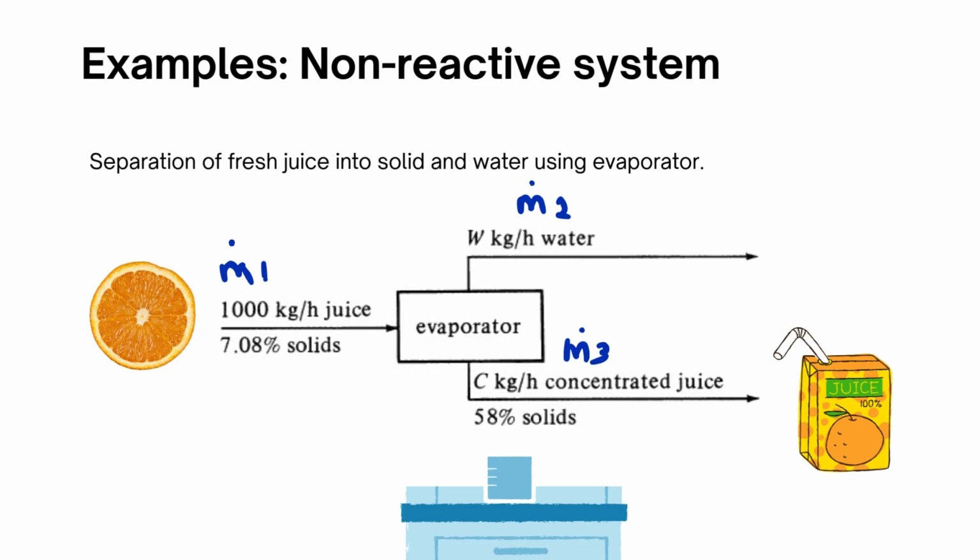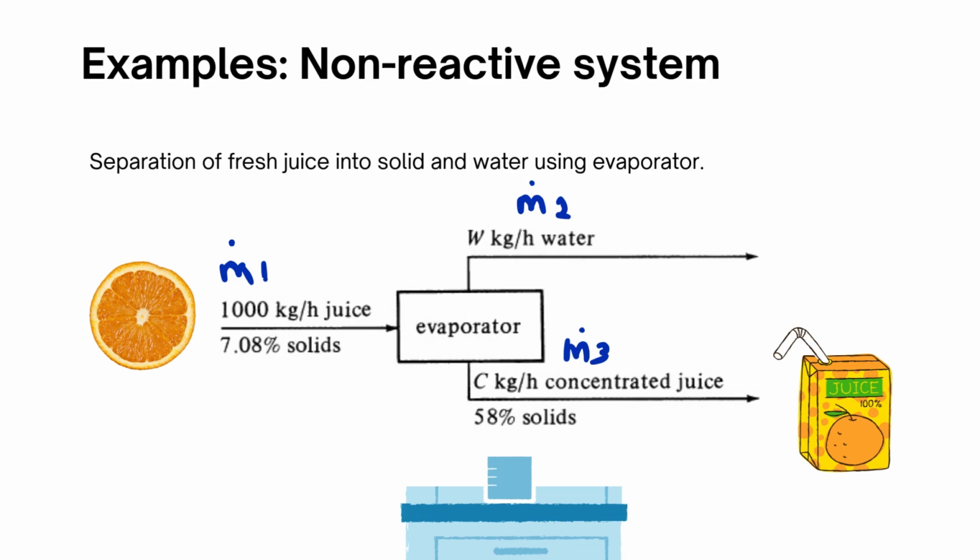Through the evaporator process, we separate water, which is M2 stream, which only contains water. There's no solid in M2 stream. And lastly is M3 stream, which is a concentrated juice. In this M3 stream, we have solid as well as water: 58% solid and the rest is water.